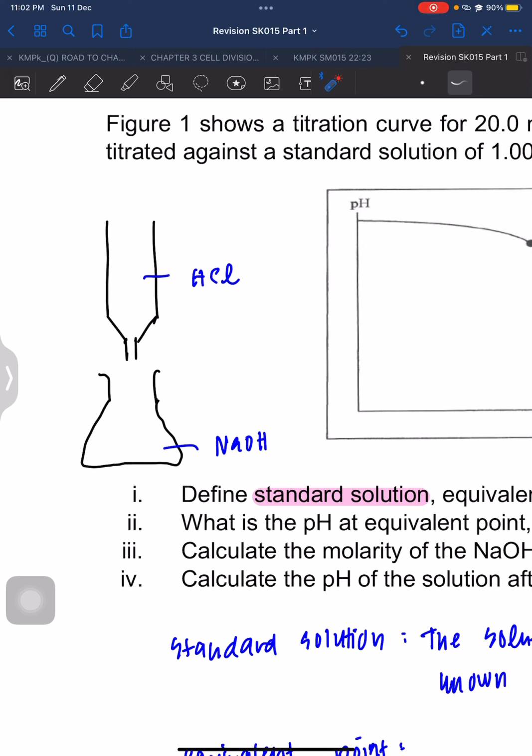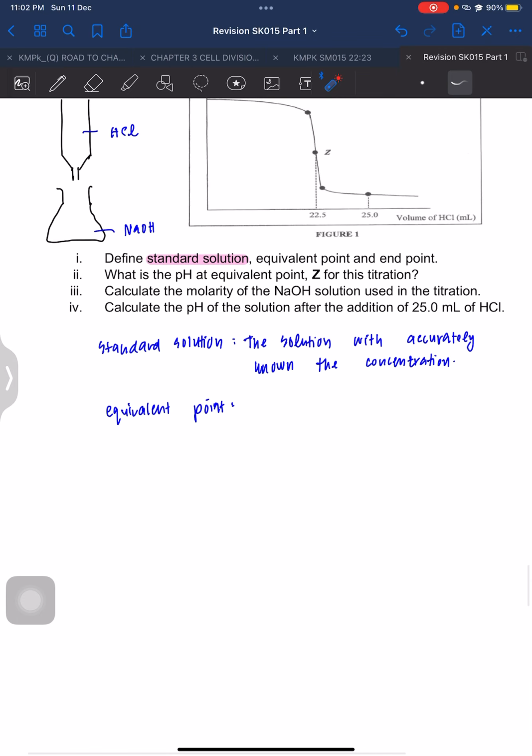So that is the equivalent point, where all the moles of acid have reacted with the moles of base. Okay, so that's it for equivalent point.